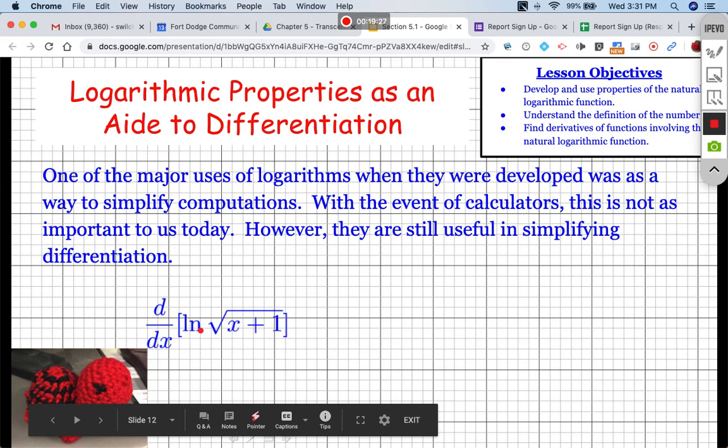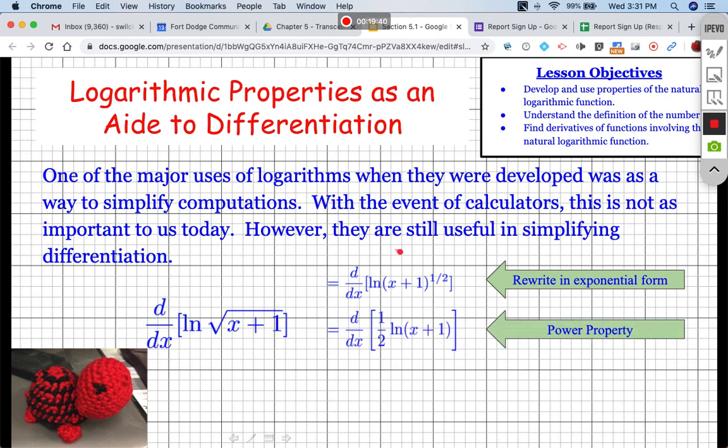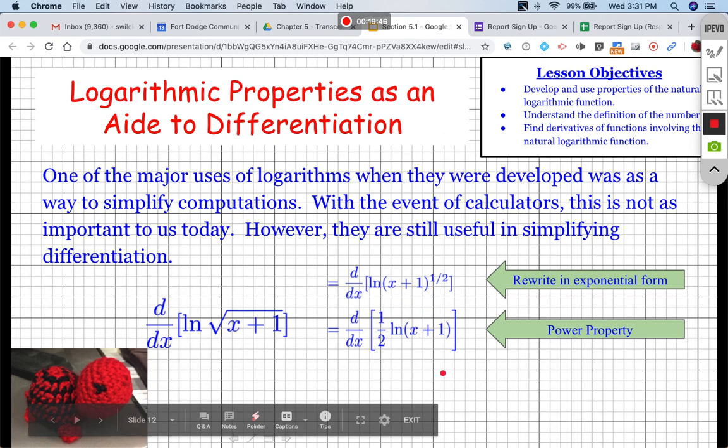Because when we're going to look at this, I'm going to take the derivative of the natural log of the square root. So I rewrite this in exponential form. Oh, wait. This is the log of something to the 1/2 power. That's 1/2 times the log. I simplified that up.